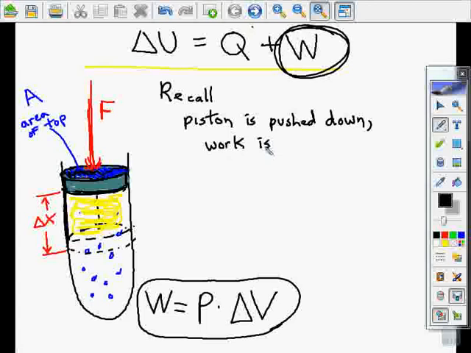The work is blank, and the change in volume, which equals the final volume minus the initial volume, is blank. So if the piston is pushed down, recall, did we define that as positive work or as negative work? Positive.